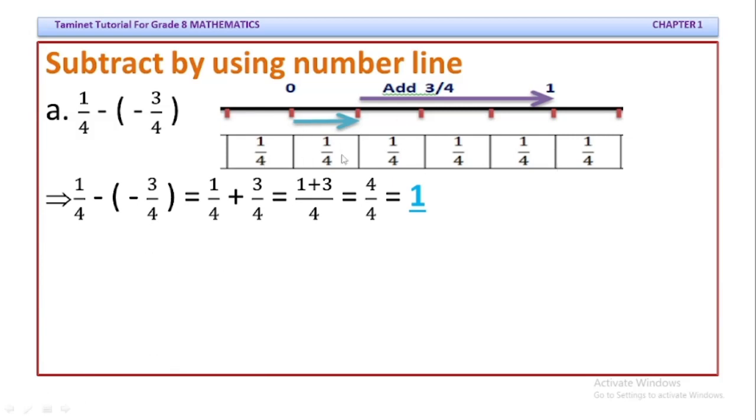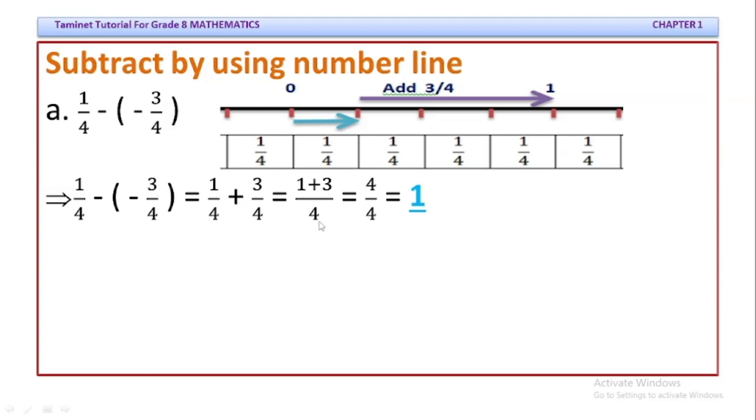We can show the difference of these two numbers on the number line like this. So the difference, 1 over 4 minus negative 3 over 4, means the answer is 1. So we can use the number line like this to decide, or by using our rule: 1 over 4 minus negative 3 over 4 becomes 1 over 4 plus 3 over 4.